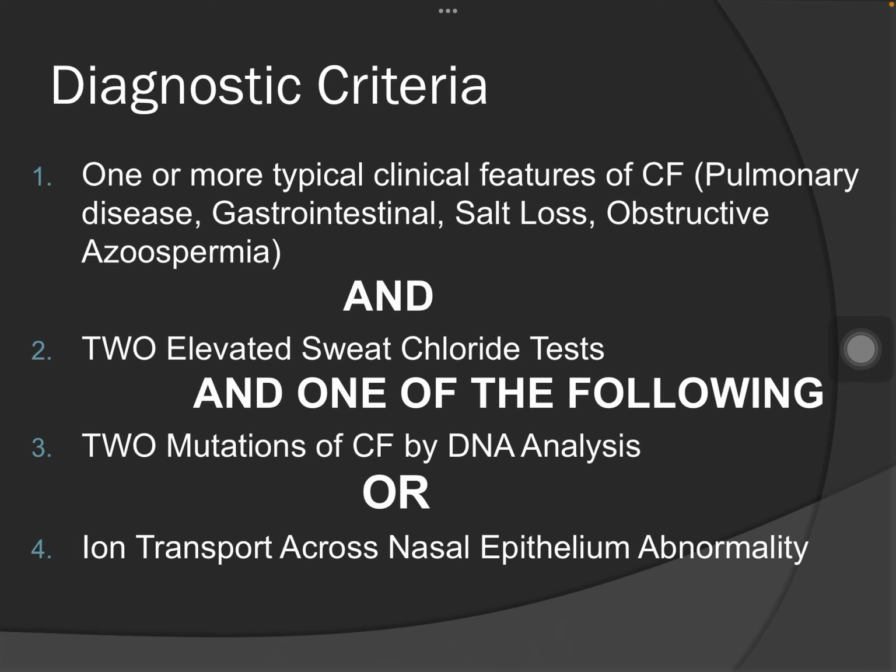So, for the diagnosis, we need a typical clinical feature and 2 elevated sweat chloride tests and one of the following: either 2 mutations of cystic fibrosis by DNA analysis or ion transport across nasal epithelium abnormality.